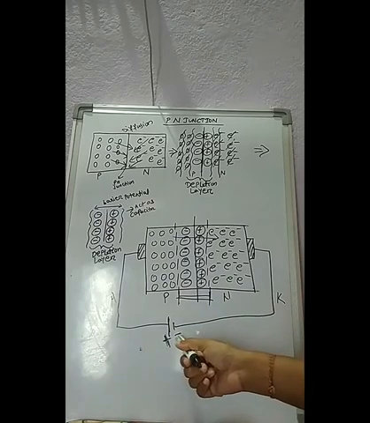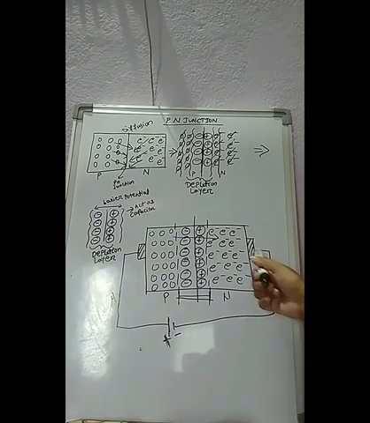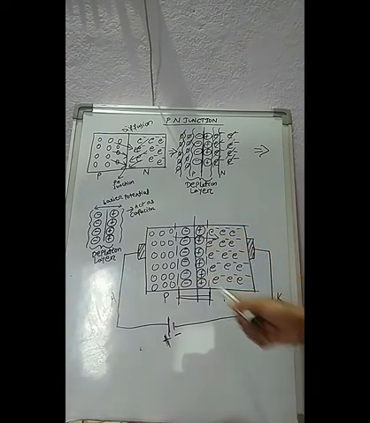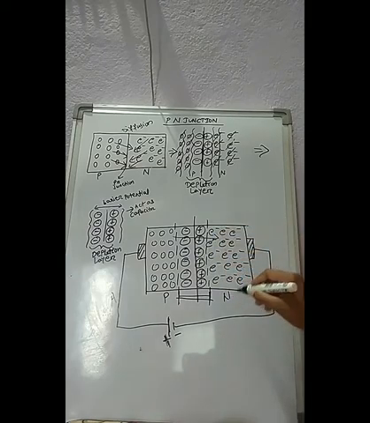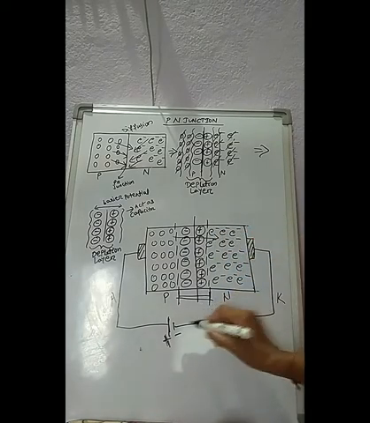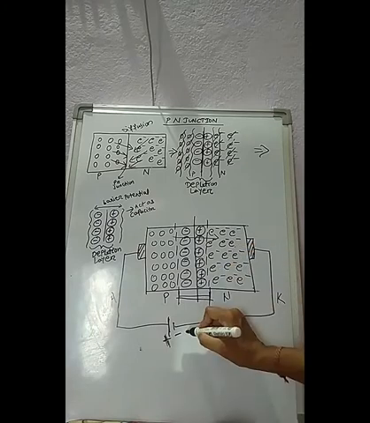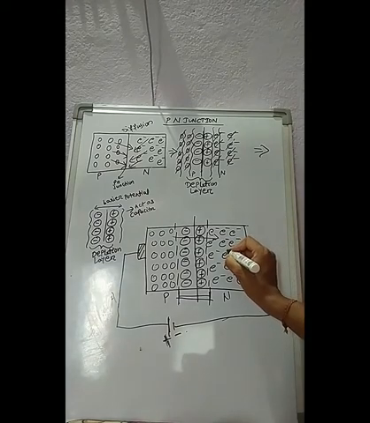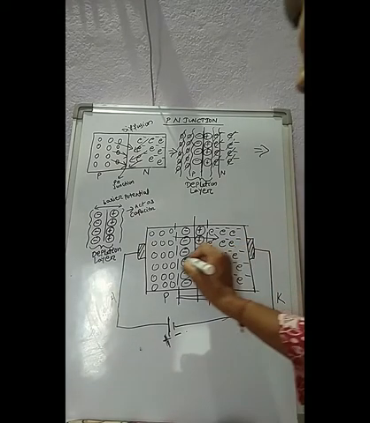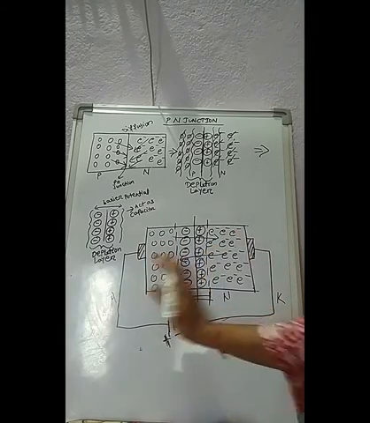Again, the negative terminal of the battery is connected to the cathode, and the electrons are the majority charge carrier in the n-type material. So this is negative, this is also negative, here is also a repulsive force. Due to this repulsive force, these electrons are forced to move in this direction.